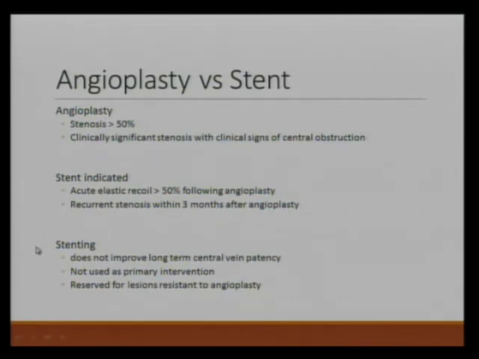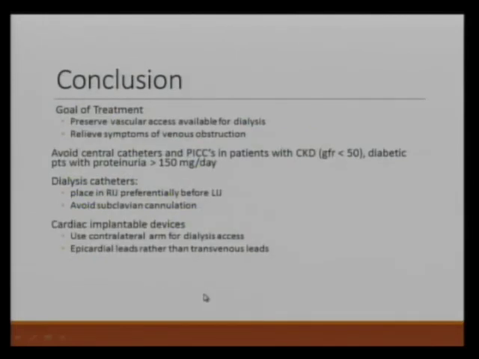Stenting does not improve long-term central vein patency, and should not be the first thing you do. You can angioplasty and get better results, and it's a lot cheaper, and you reserve stenting in the central veins only for lesions that are resistant to angioplasty.